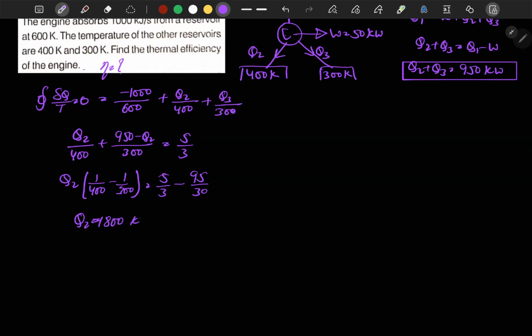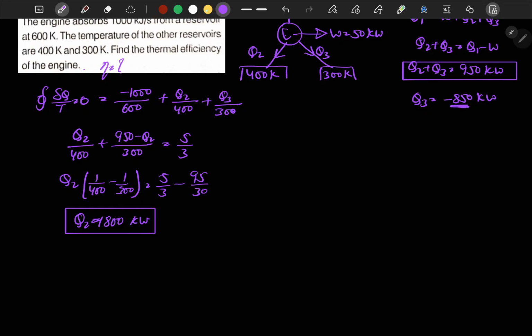Now using this Q2 is equal to 1800, we can calculate Q3 as 950 minus Q2, so we get Q3 is equal to minus 850 kilowatt. So what does this minus 850 kilowatt mean?